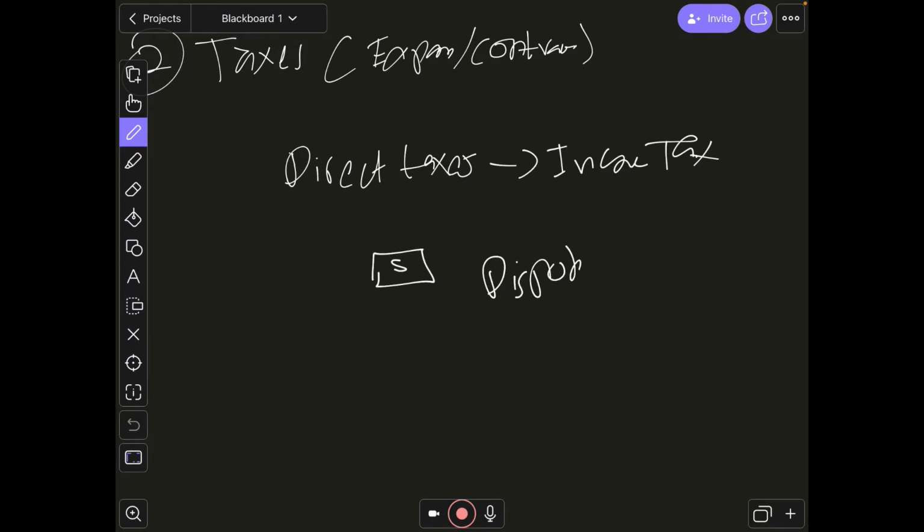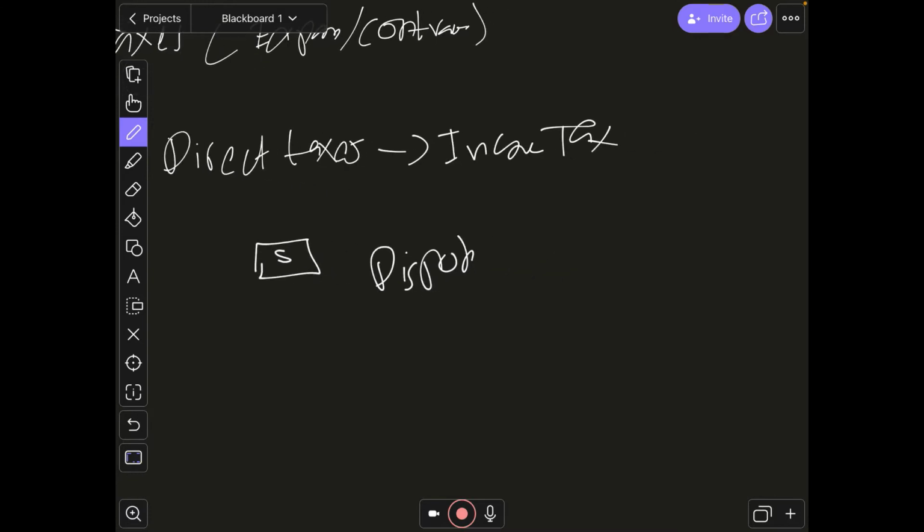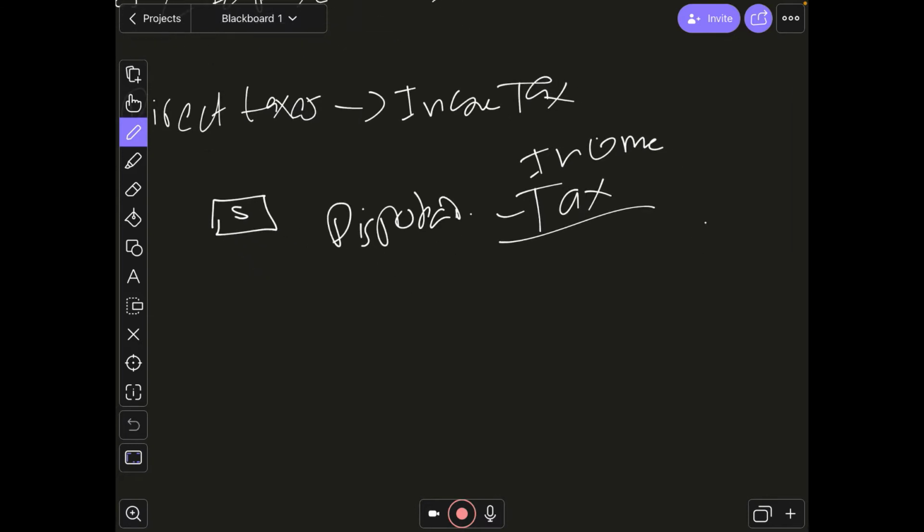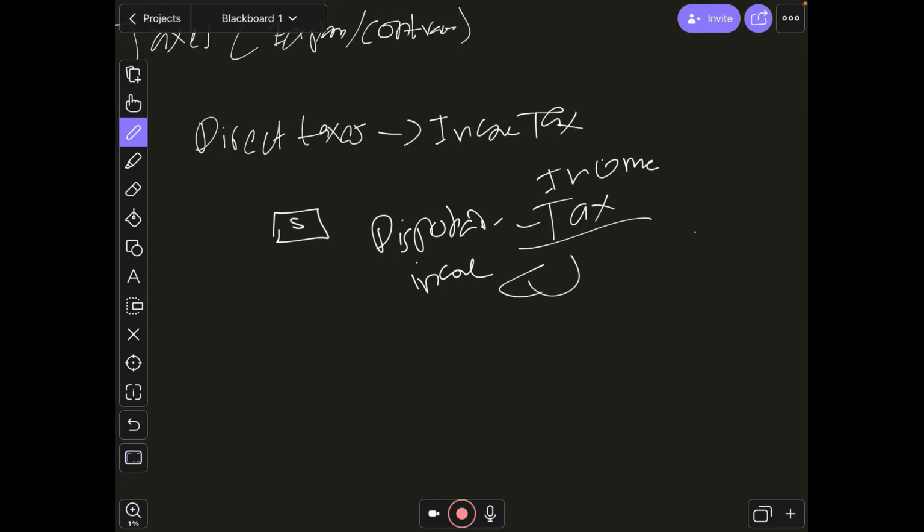Disposable income is termed such when we subtract tax from our income. Income minus direct tax paid is going to give us our disposable income.